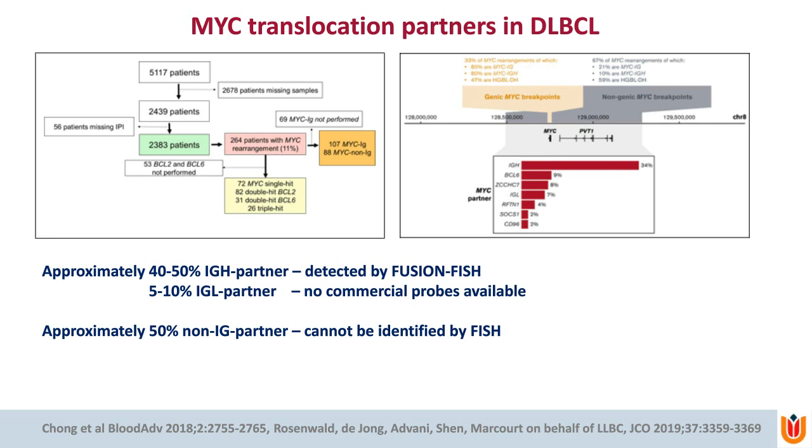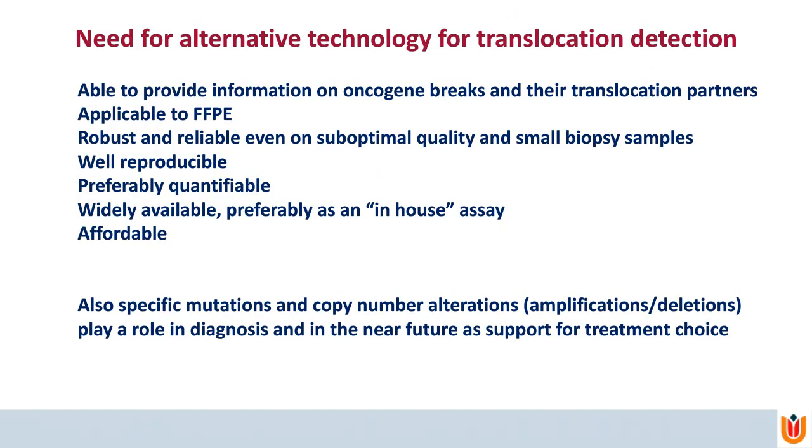So what we can say is that there is room for improvement. And if we would improve and go to another method of translocation detection, that method should be able to provide information on both the oncogene break and the translocation partner. Should be applicable to formalin-fixed paraffin-embedded material, should be robust and reliable also in suboptimal quality material and in small biopsy samples.